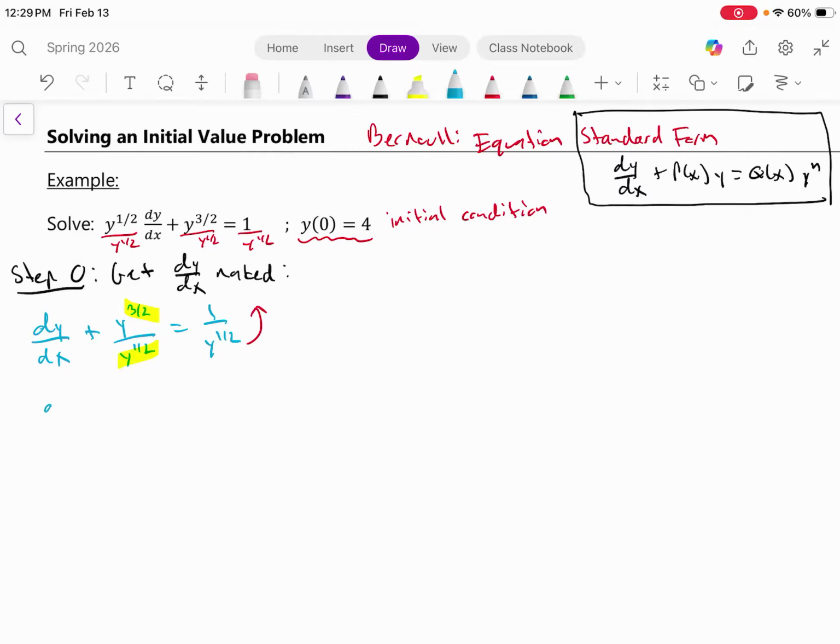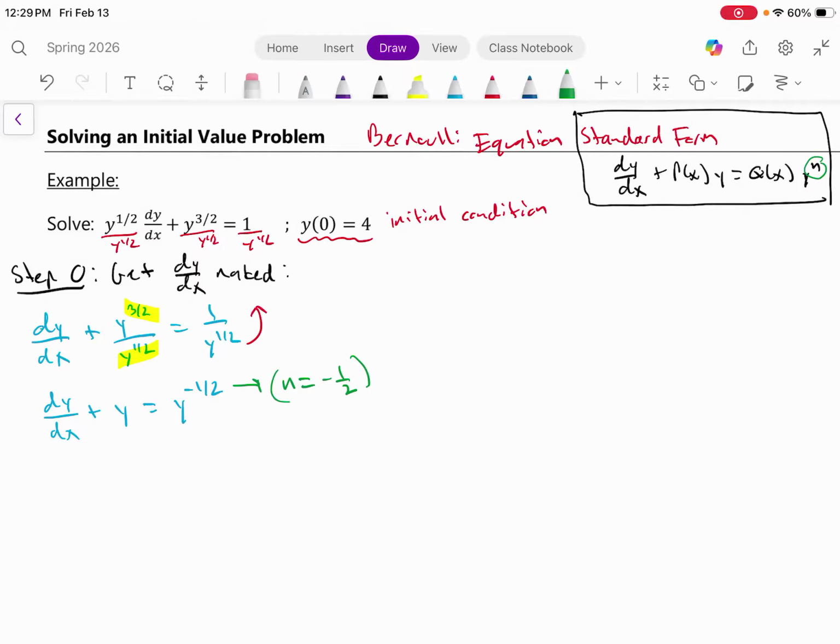And so what we get is dy over dx plus y equals y to the negative 1/2. We want to bring up that negative 1/2 because that gives us our n: n equals negative 1/2 in our standard form. Okay, so we have our Bernoulli equation in standard form now.